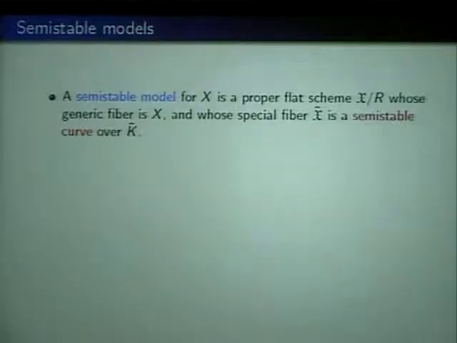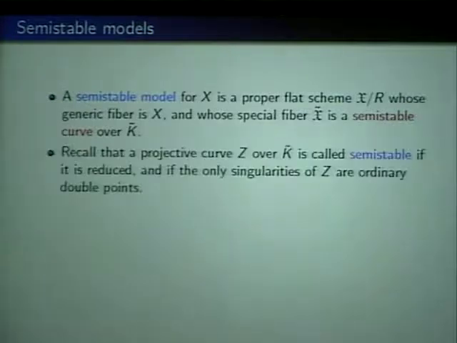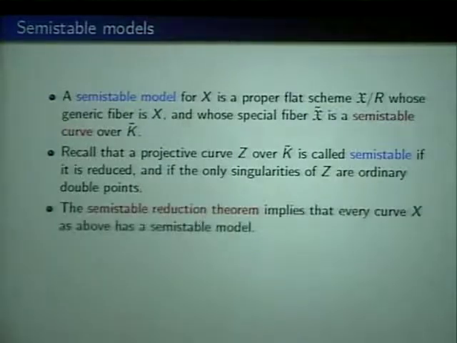So a semi-stable model for my curve X is a proper flat scheme over R whose generic fiber is my given curve and whose special fiber is a semi-stable curve over the residue field. And I'll remind you that a semi-stable curve is one which is reduced and the only singularities are ordinary double points. So we just have some components crossing transversely with ordinary double point singularities. And the semi-stable reduction theorem tells you that every curve that I'm considering has a semi-stable model.